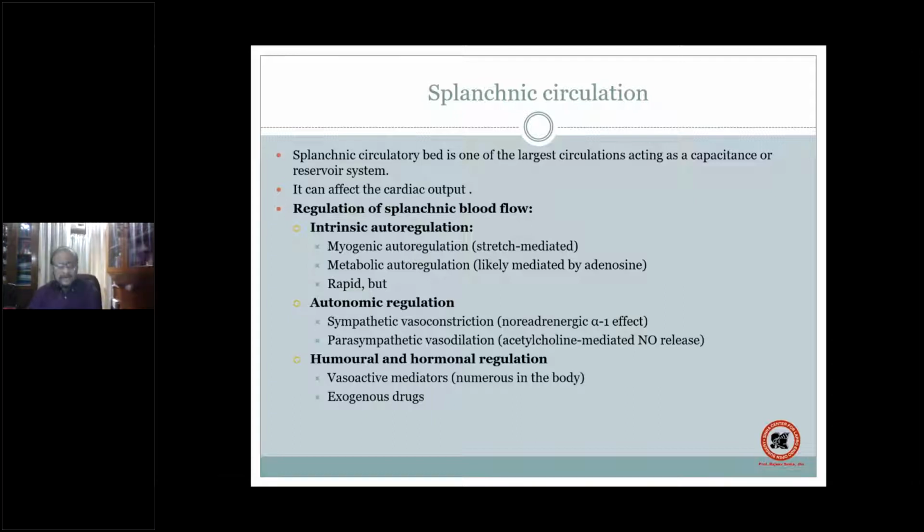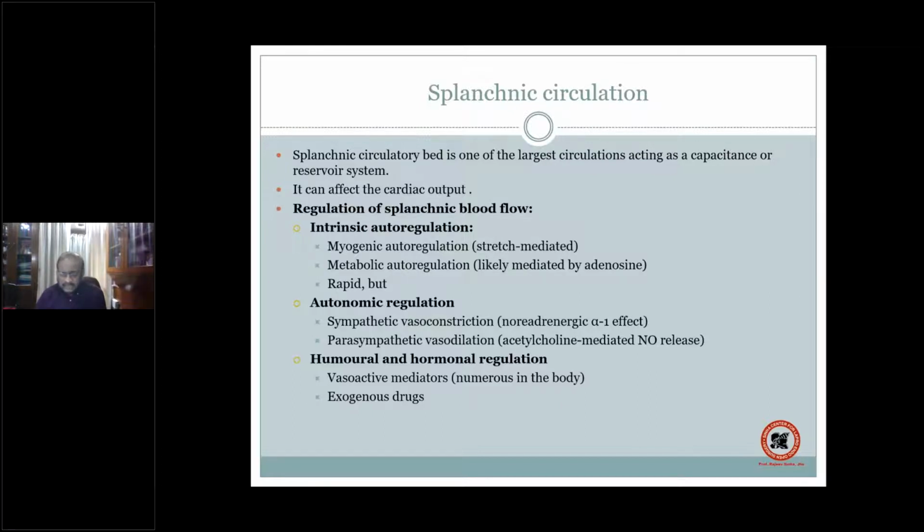Autonomic regulation, which is a rapid form of regulation. But what is more important as far as the GI tract is concerned is the sympathetic vasoconstriction and the parasympathetic vasodilatation, which can alter the cardiac return by emptying the splanchnic circulation or dilating it and leaving more of the blood in this capacitance system.